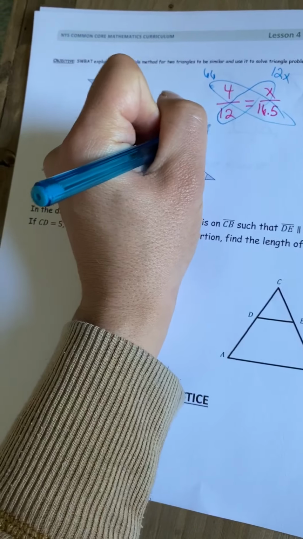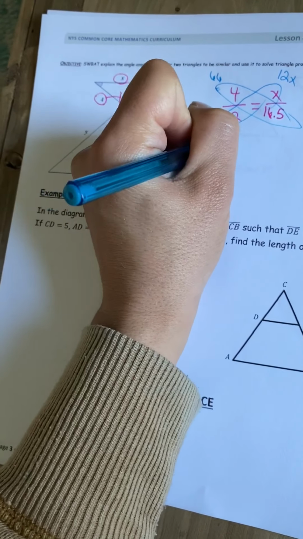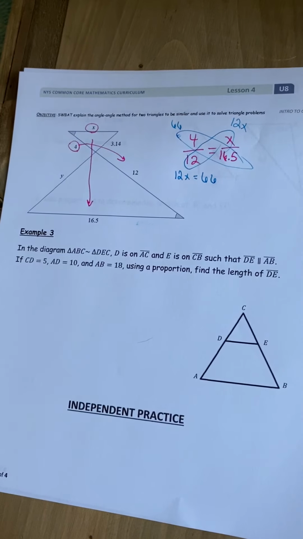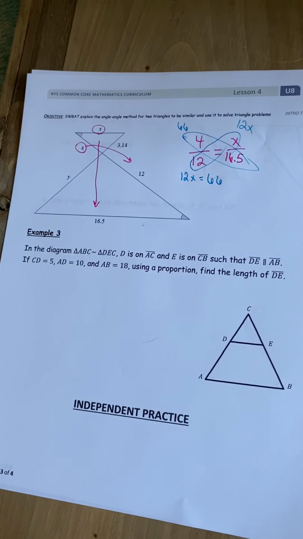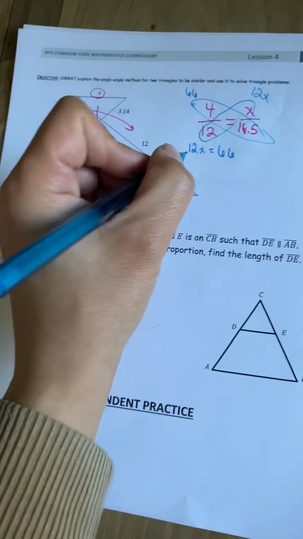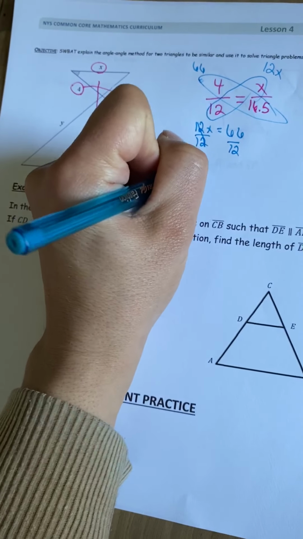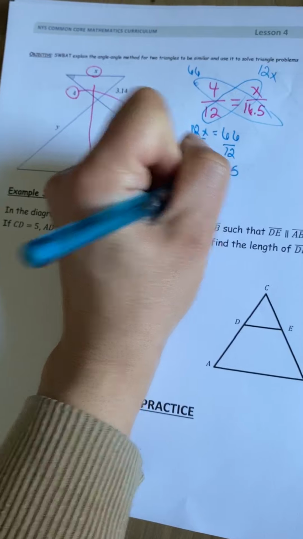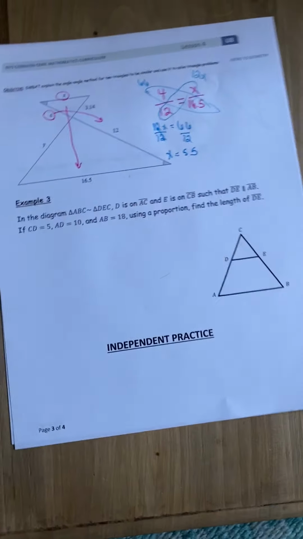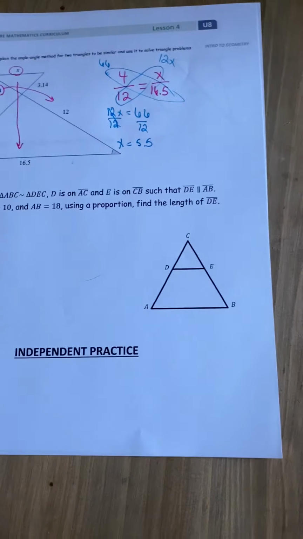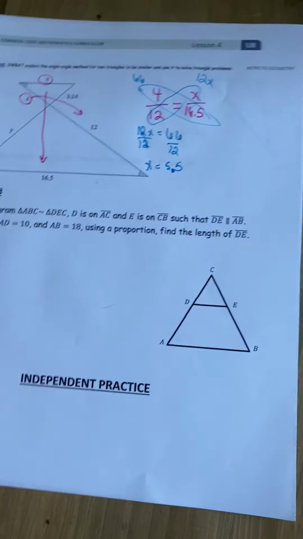So 12x equals 66. 66 divided by 12, I believe, is 5.5. Okay. And that's my answer there for my X.